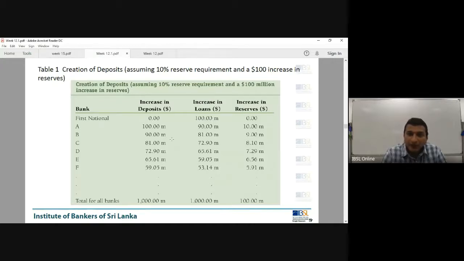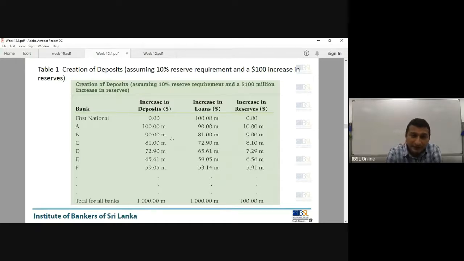Okay, so at 10% required reserves, 10% of 100 is 10, so that is the reserve requirement. At 10%, the central bank, the monetary authority, requests these banks to keep that with the central bank from their deposit base.